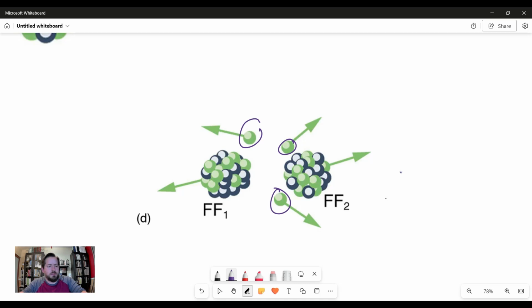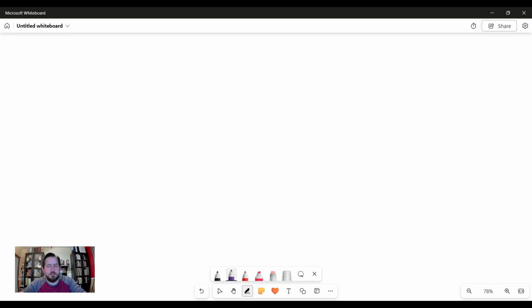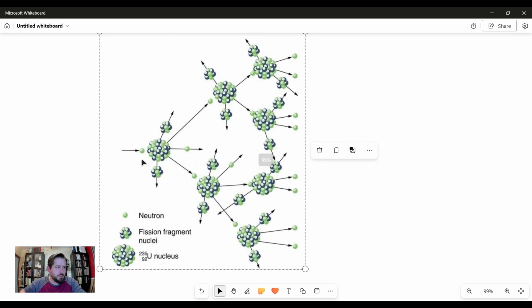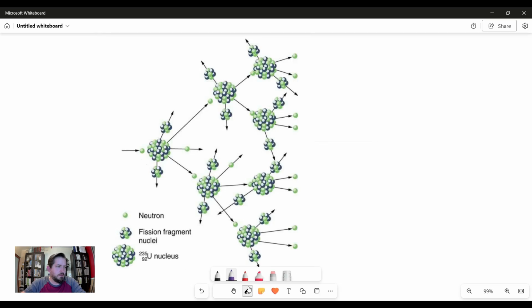The good, the bad, and the ugly about this is, let's say we have a neutron that comes and plows into a uranium-235, and it creates these two daughter elements, these two smaller things. But it also sends out 3 neutrons with a lot of energy.